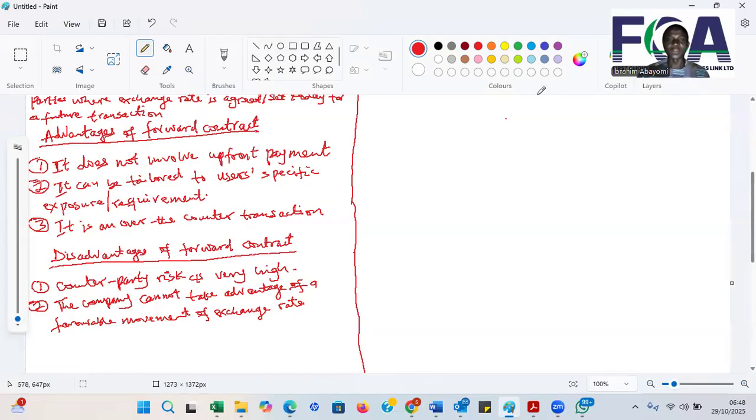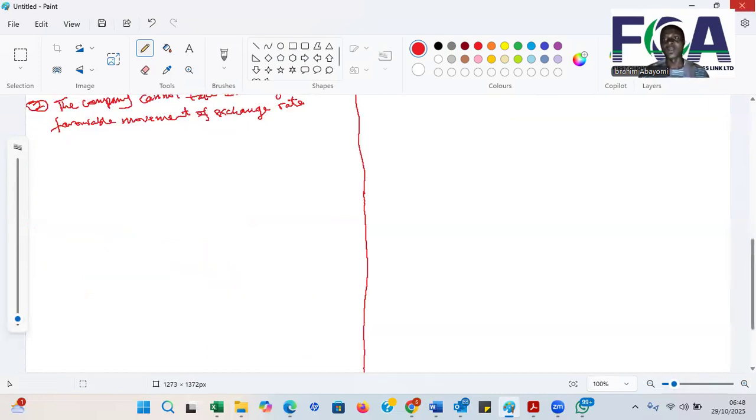If currency has moved in your favor, there is no way you can take advantage of it because you have locked yourself to a particular exchange rate. You are committed to an exchange rate and you have to honor that agreement. It's a contract. So if you don't honor it, that's a breach of contract.